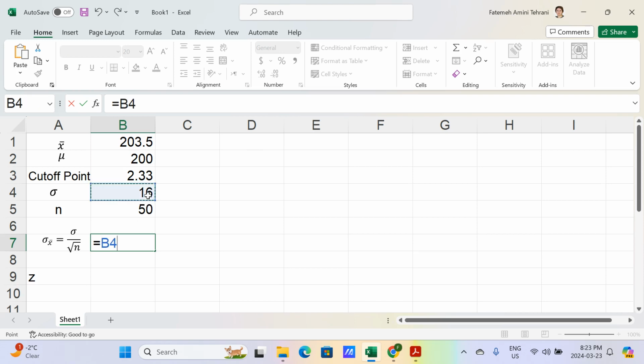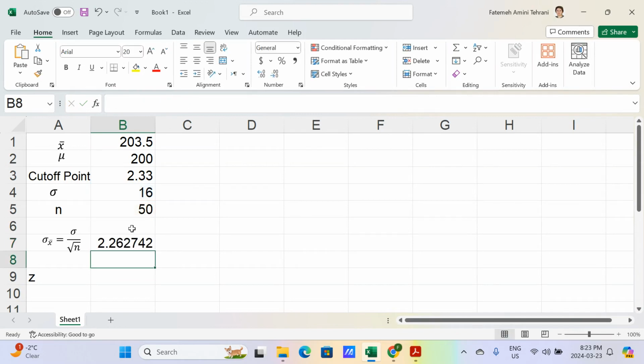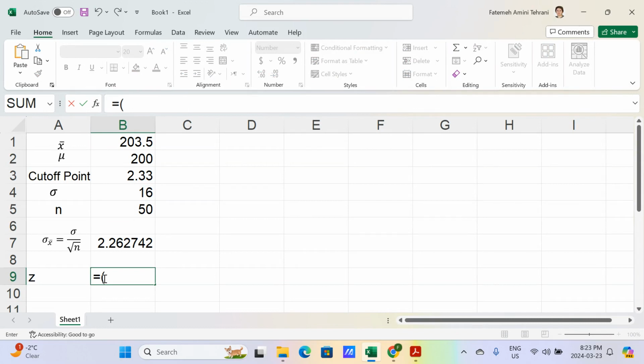So sigma 16 divided by square root of n, 50. So it's sigma over square root of n. Now let's find Z. Z is X bar 203.5 minus mu 200 divided by sigma over square root of n.